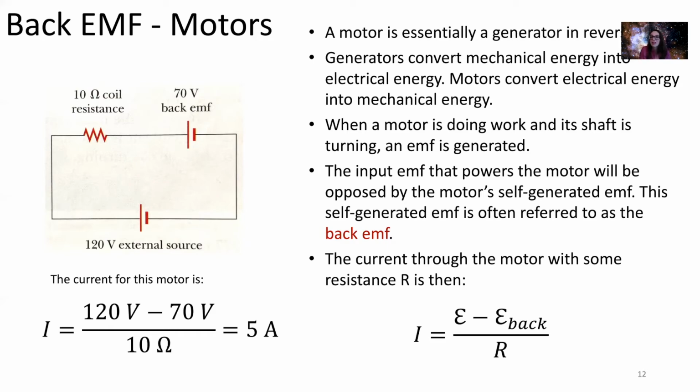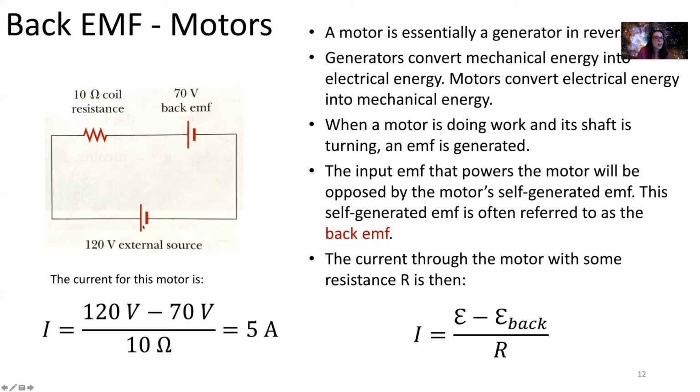There's still going to be some EMF that's generated because of this motion. And so the input EMF that powers the motor is going to be opposed by the motor's self-generated EMF because it's rotating. This self-generated EMF is often referred to as the back EMF. So we could model our motor as something like this here.